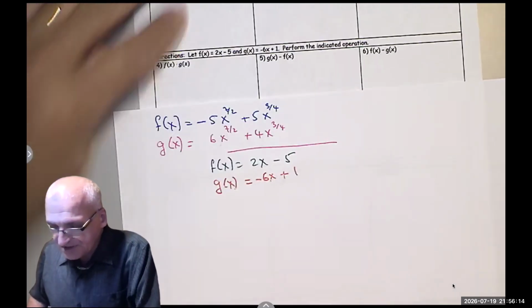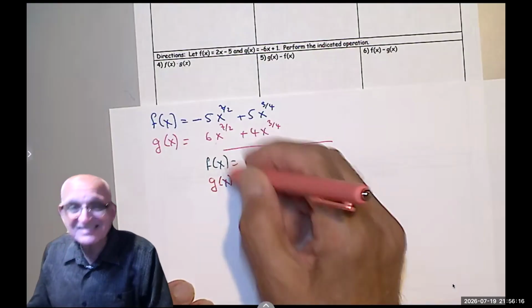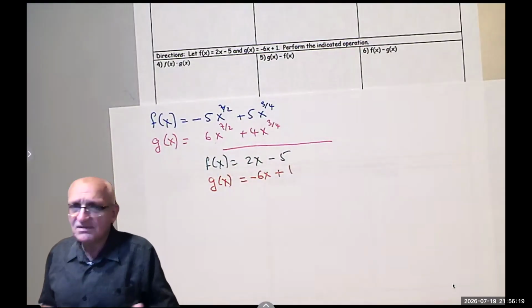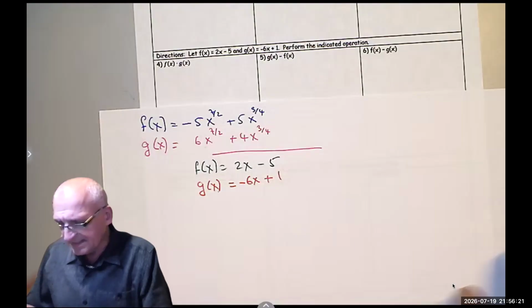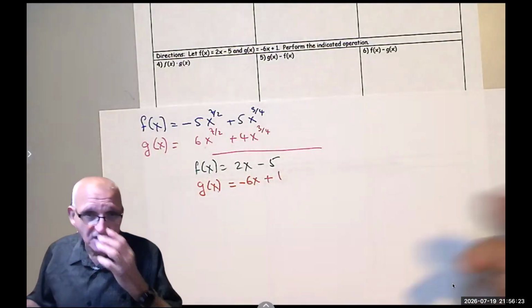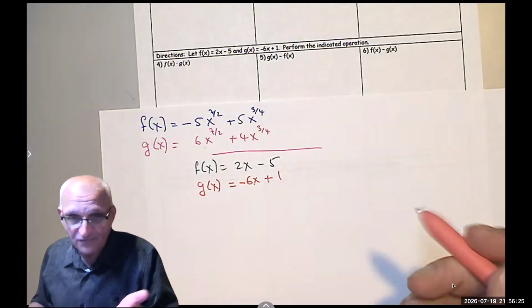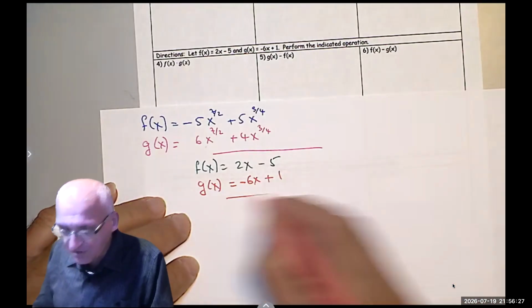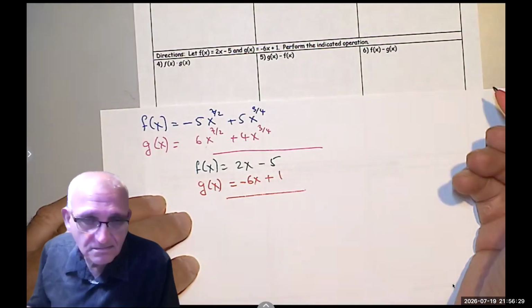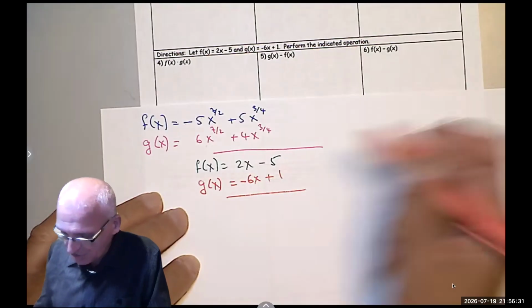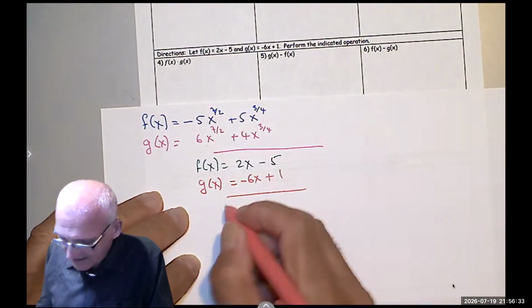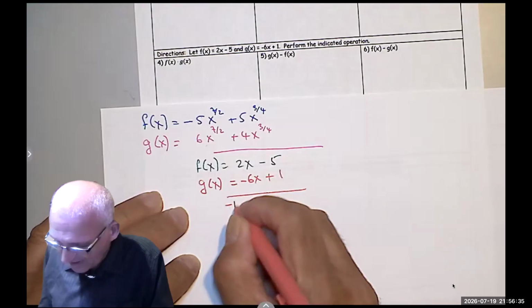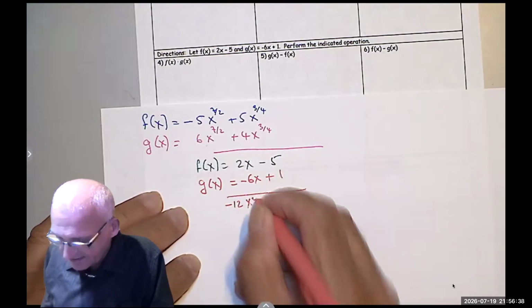So question number 4 says f of x times g of x. Well, we are going to do it. If you write them next to each other, you can use FOIL, or you simply do any algebraic multiplication. You multiply these terms, so 2 times negative 6 is negative 12, and x times x is x squared.